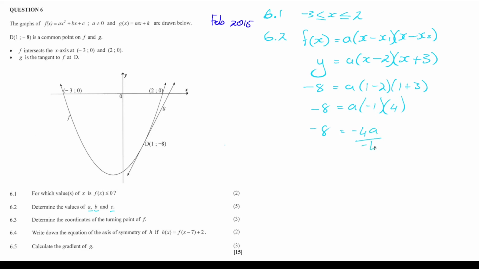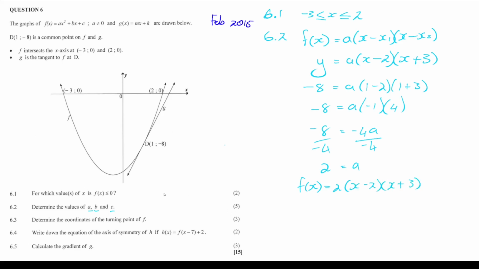Divide by -4: a equals 2. So I'm going to substitute that back into my original equation. f of x equals 2(x - 2)(x + 3).